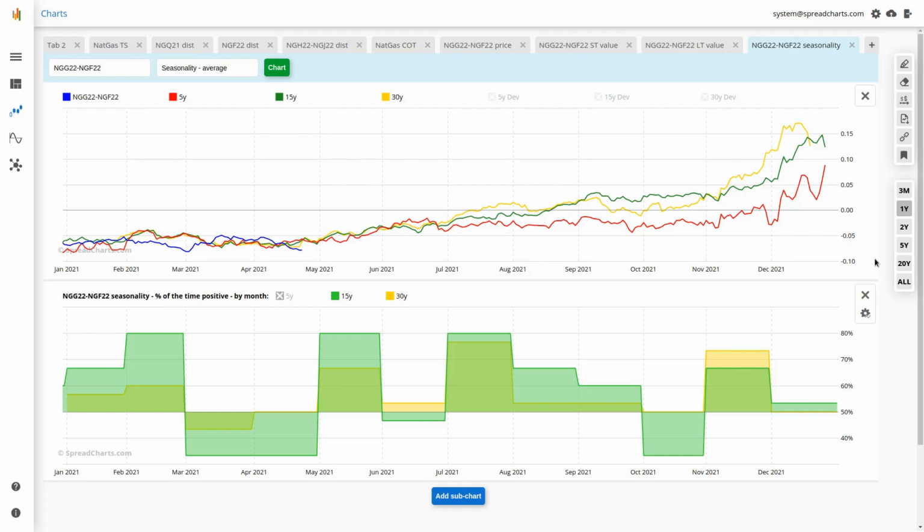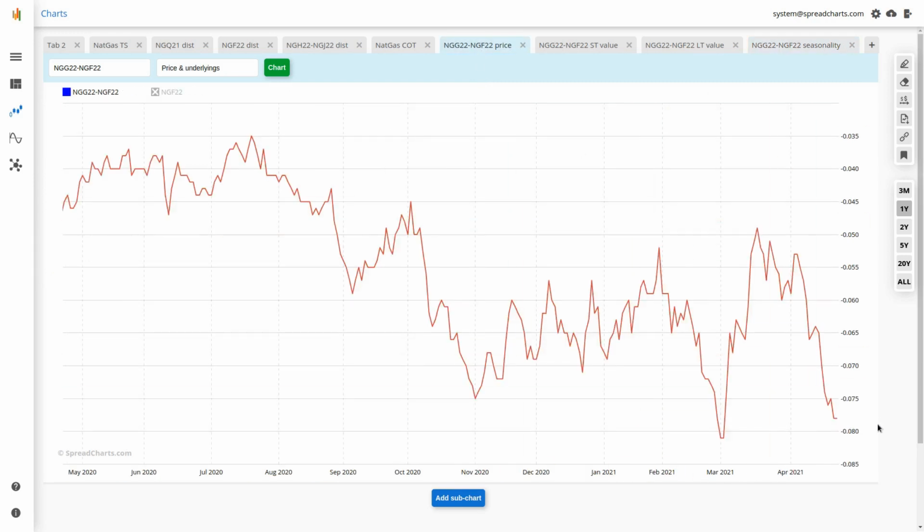The question of how much of the exposure I would hedge with this spread is a matter of everyone's risk management and investment objectives. So this is something that everybody has to decide for himself.